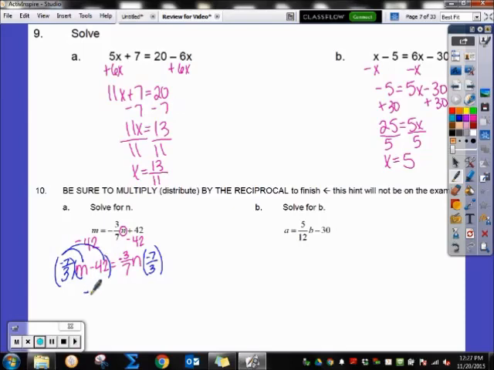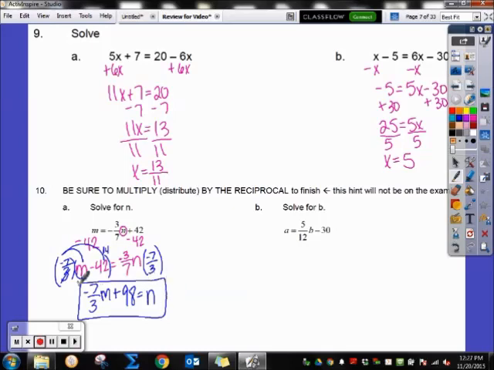So we would end up with negative 7/3 m plus, and then you could cross reduce. 3 will go into 42 14 times, and we already know it's positive, so 7 times 14 is 98. So that would be n, and you're more than welcome to rewrite it with the variable on the left.